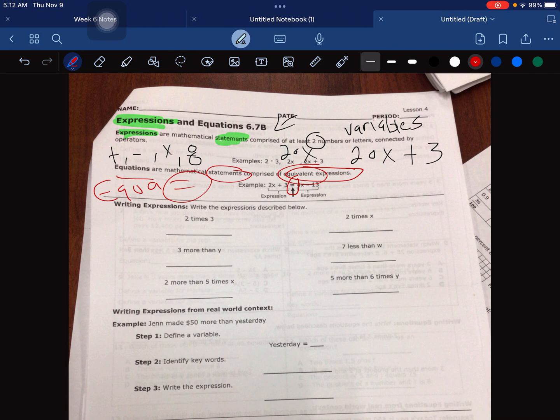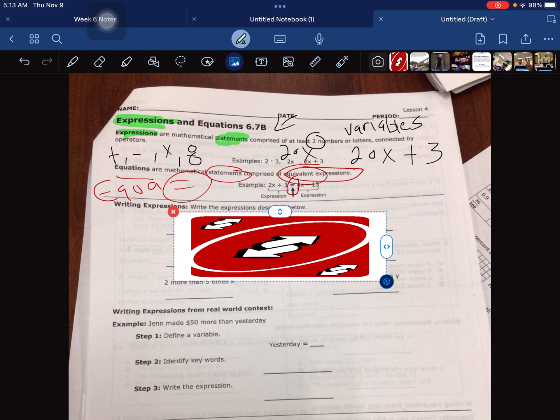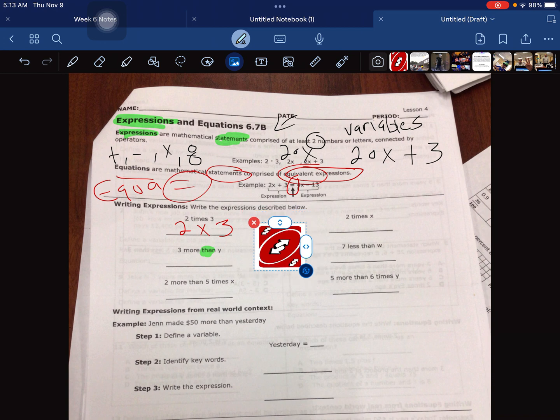Write the expressions described below. 2 times 3. So that's literally 2 times 3. Papita. 3 more than y. I have a little trick for you, chicos, here. Whenever you see the word than, that means that you're going to switch the order of whatever they just gave you.